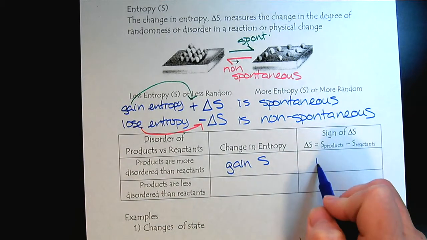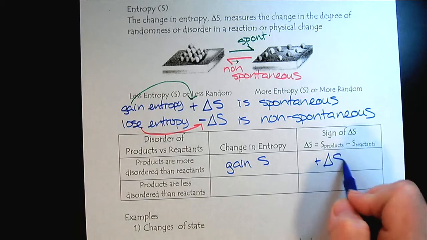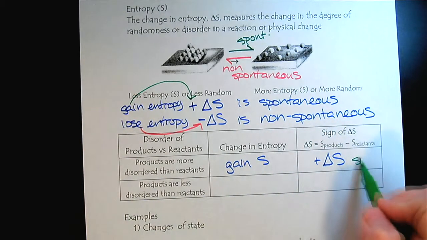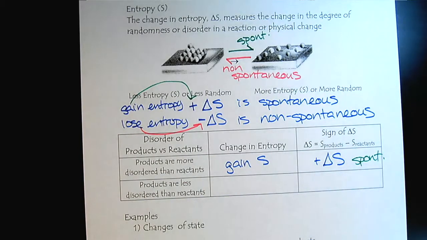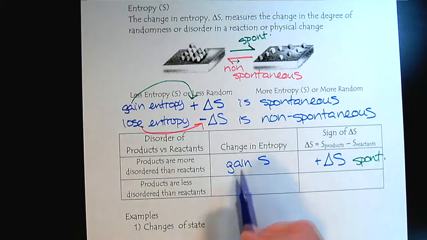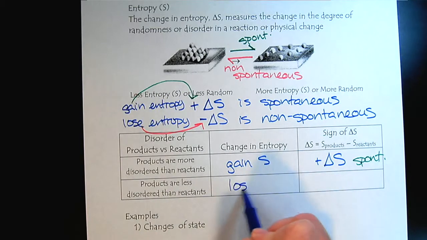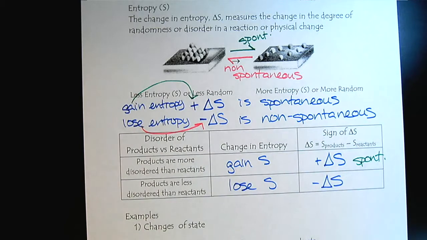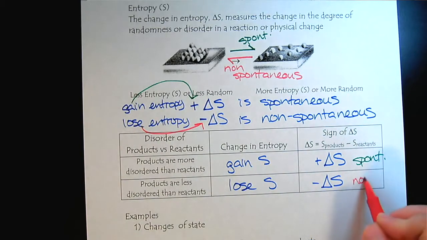So we would say plus delta S, and we recognize that is going to be spontaneous. When the products are less disordered, then we lose entropy, so we give that a minus sign, and that's non-spontaneous.